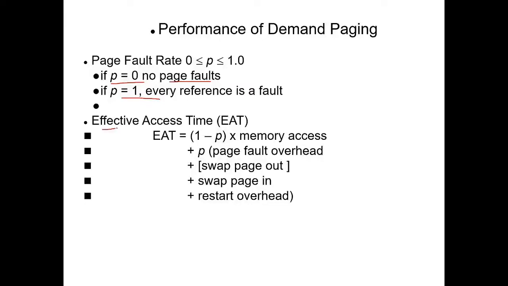This time can be calculated as the effective access time. That is (1 minus P) times the memory access time, plus P times the page fault time, swap out page time, and swap in and restart. All this time will be considered and calculated, and it will give the effective access time.